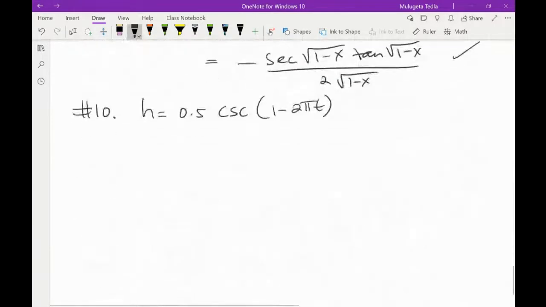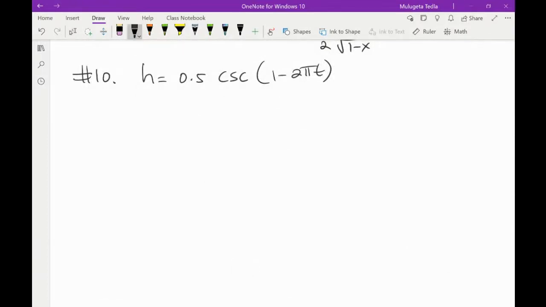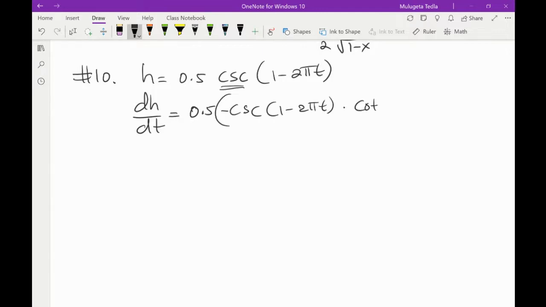So the angle is the same. So the derivative dh by dt is 0.5, which has no effect. The cosecant derivative is minus cosecant of 1 minus 2 pi t, cotangent of 1 minus 2 pi t. That is the derivative of the cosecant times the derivative of the angle, which is minus 2 pi.